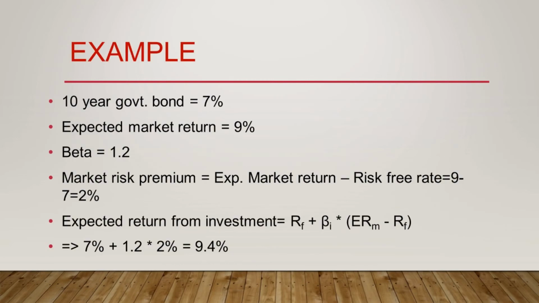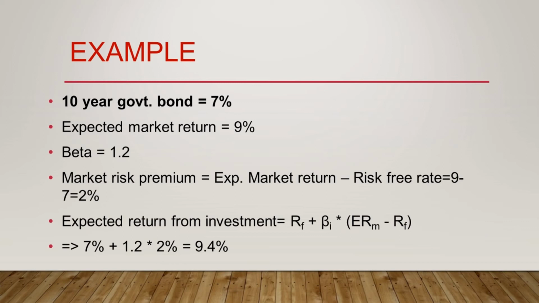So let's have a look at one example. Suppose there is a 10-year government bond which yields you a 7% rate of interest per annum. This 10-year government bond would act as the risk-free rate, because if you are not investing your money in the equity market, you have an option to invest your money in government bonds, which is much more secured.